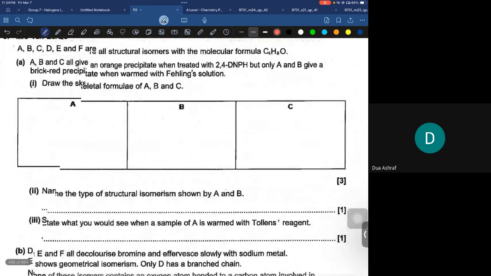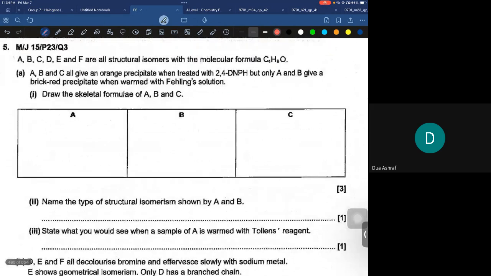Okay. A, B, C, D, E, and F are all structural isomers with the molecular formula C4H8O. They are saying they all are structural isomers of each other. Structural isomers have three types: chain, positional, and functional group isomer.